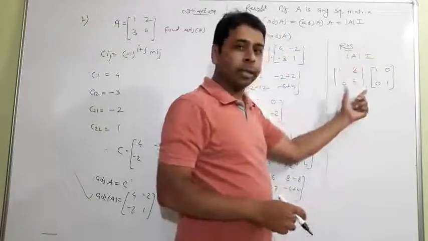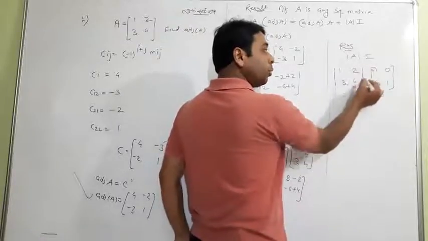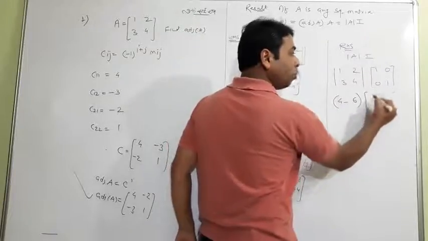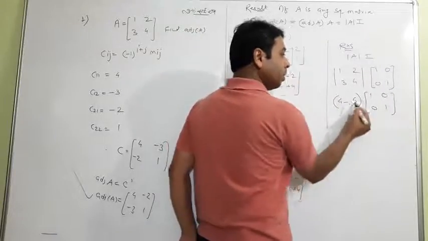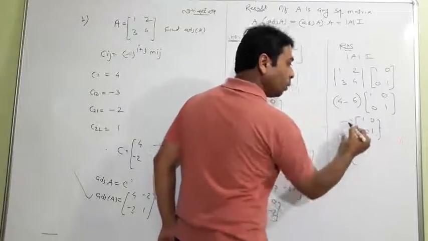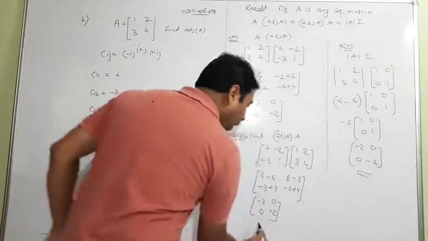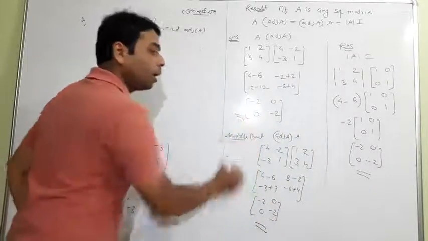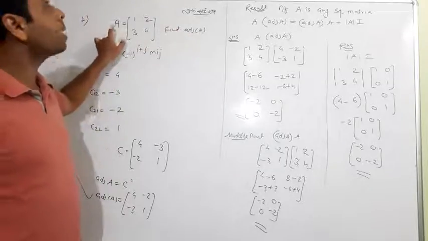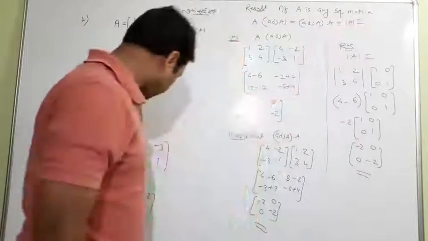This time determinant, and here it is matrices. Okay, it says determinant, so it will open: 4 1s are 4, 3 2s are 6, but the matrix cannot open. And these two will be -2, 1 0 0 1, and multiply -2 in all elements, guys. Here you can see all parts are equal, meaning for every square matrix it is a standard fact. So student, hope you got it.